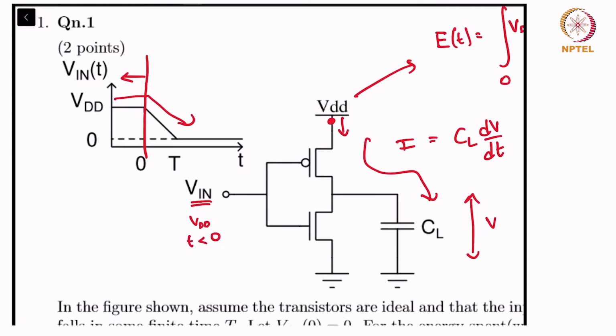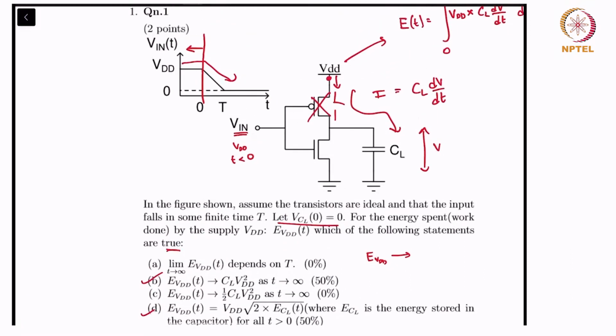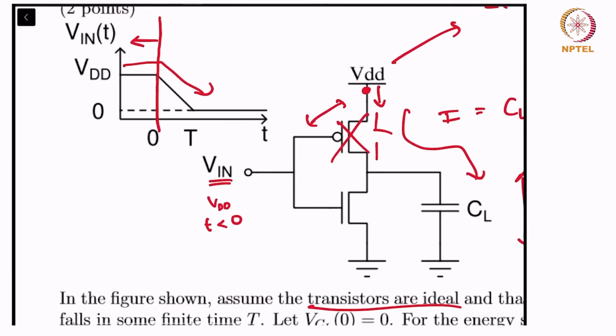This PMOS is going to be off, so it's just an open circuit, since we are assuming the transistor is ideal, which means that for VGS less than VTH, it's going to be off. That is the definition of the ideal transistor. So this is just an open circuit, which means the current will necessarily be 0.